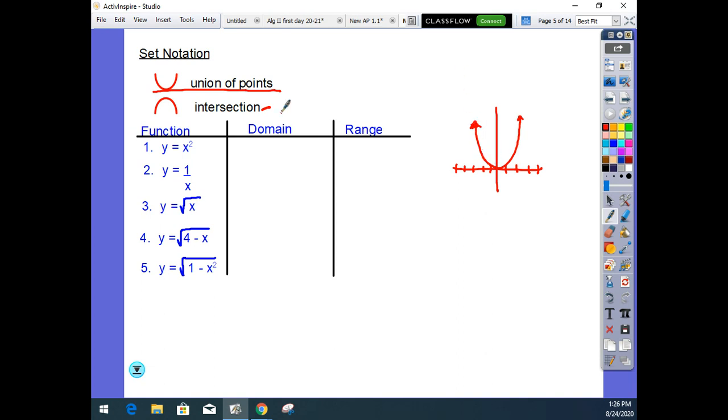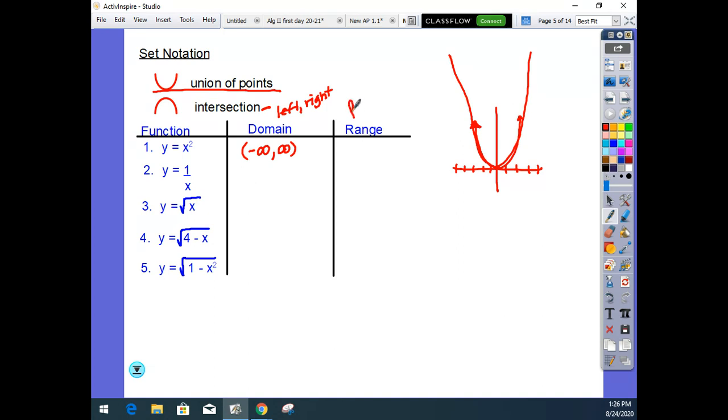Domain is all the way from the left to the right. And if there's an arrow, we do not include it. So we say negative infinity to positive infinity, because this graph would go all the way to the left eventually and all the way to the right eventually. So all the x values included are all to the left, all to the right.